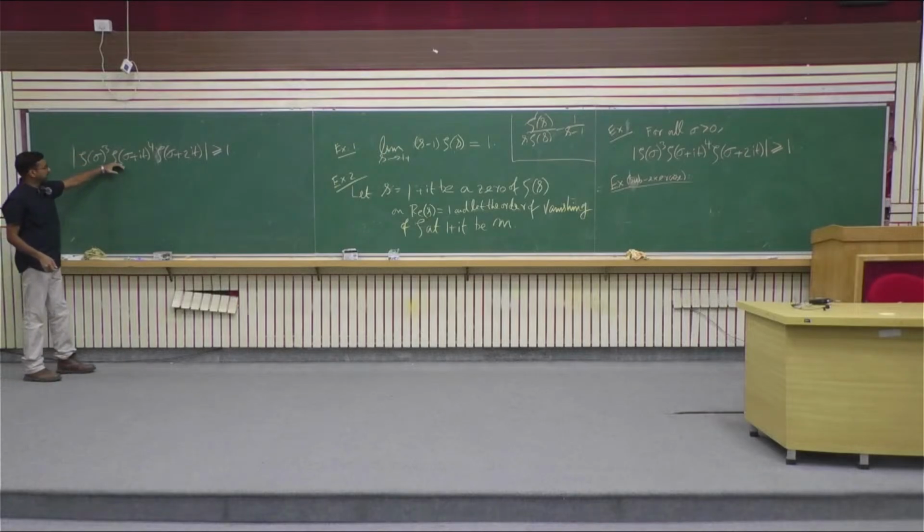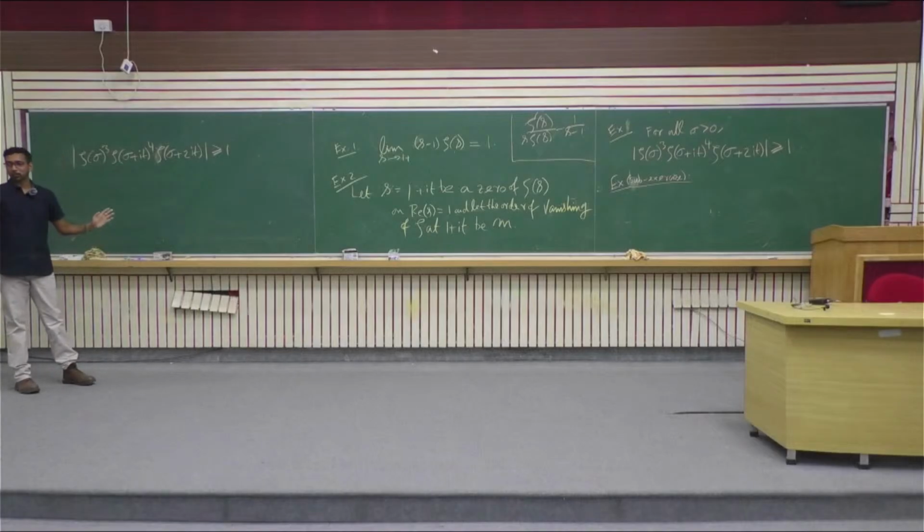If we divide this by sigma minus 1 whole power 4m, where m is the order of vanishing of zeta at this point, then, not sigma, at 1 plus it.